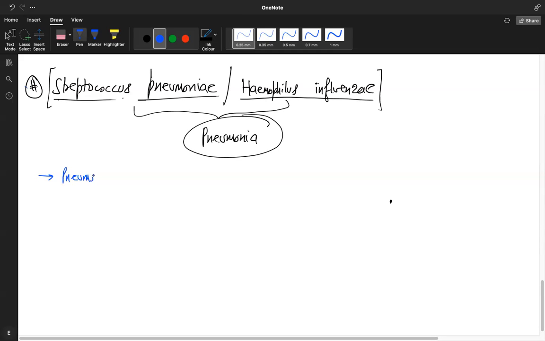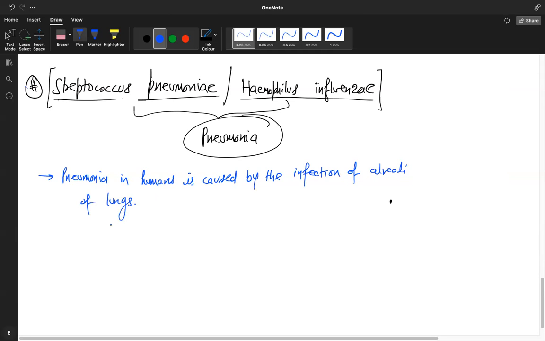Pneumonia in humans is caused by the infection of alveoli of lungs. And alveoli are air-filled cavities, air-filled lung structures or sacs.